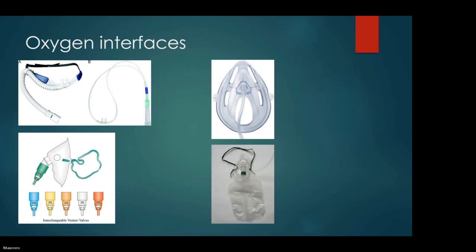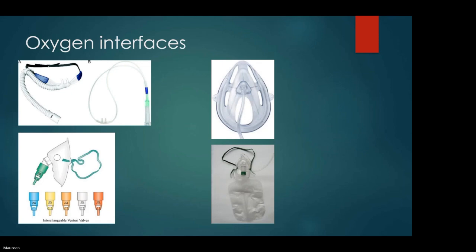Next to that, highlighted as A, is also a form of nasal cannula, but these are used with the AirVo, so high flow heated humidified oxygen, generally used in hospital settings. It's a rarity that it's used in the community.